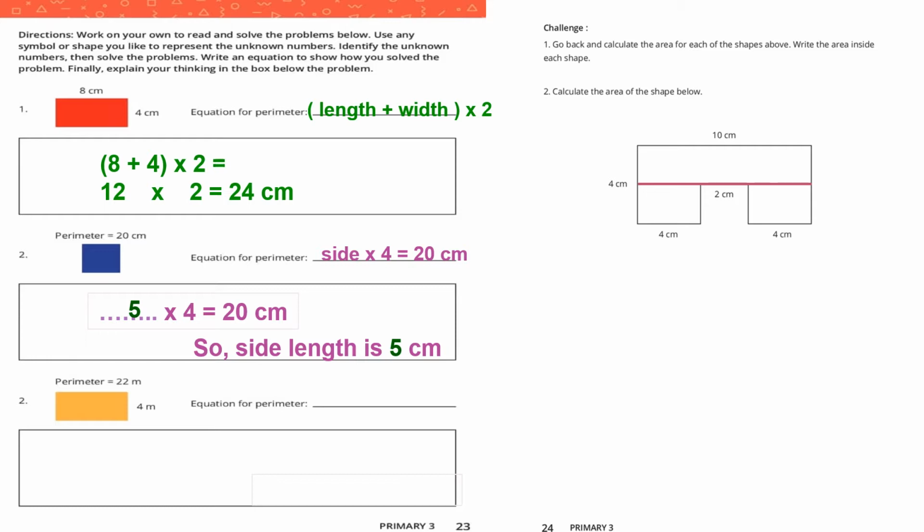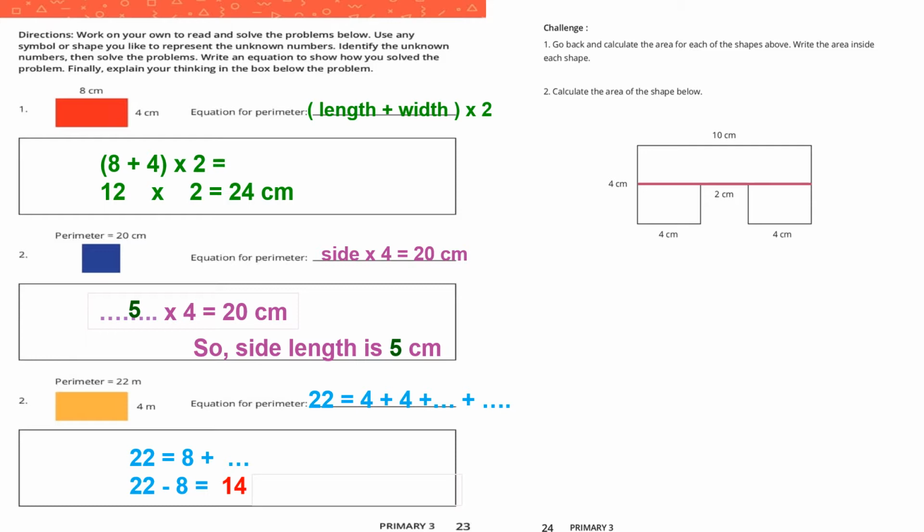So 22 equals 4 plus 4, which are the widths, and I don't know the length here. So 22 equals 8, 4 plus 4 is 8, plus what here? I don't know.